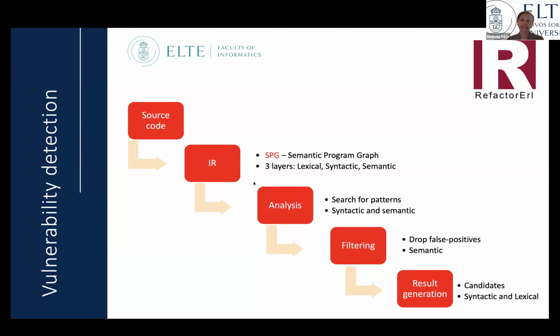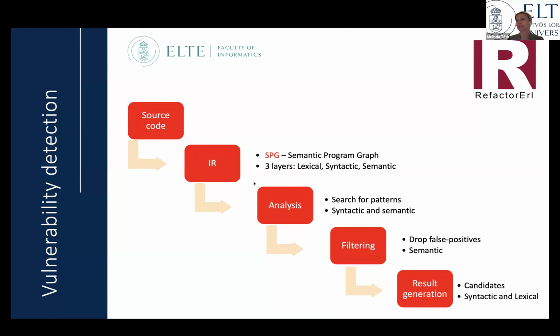In the analysis part, we look for certain patterns that may represent a potential vulnerability, a potential risk in the source code. What we do is that we look into the syntactic and semantic information available in the graph and create a set of initial candidates that might hold vulnerability.